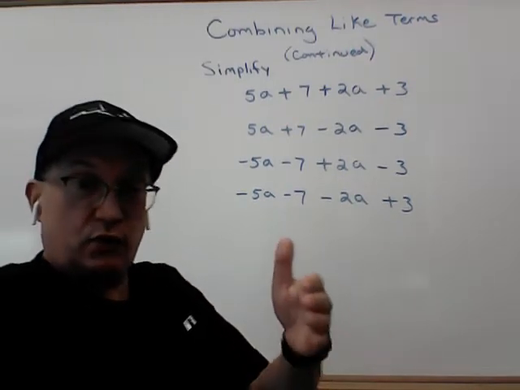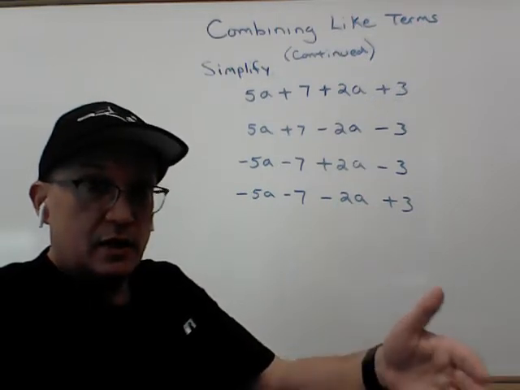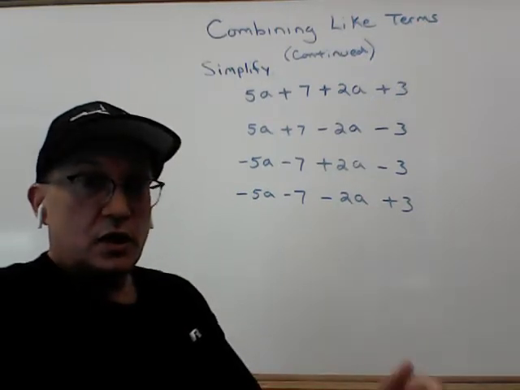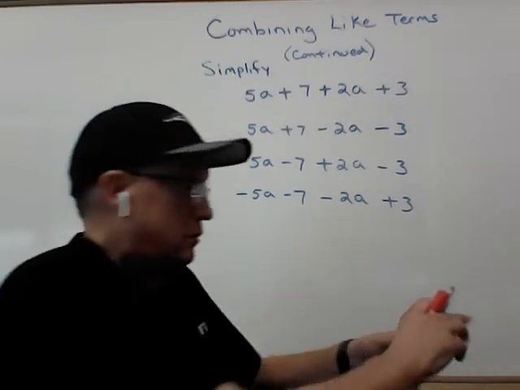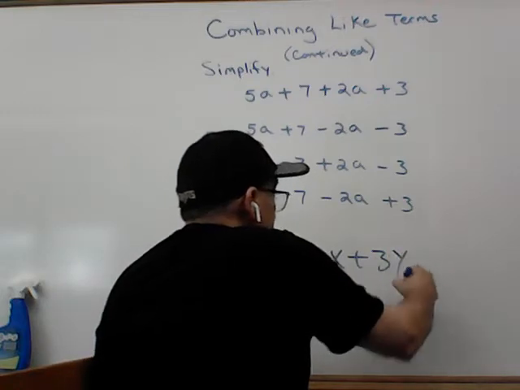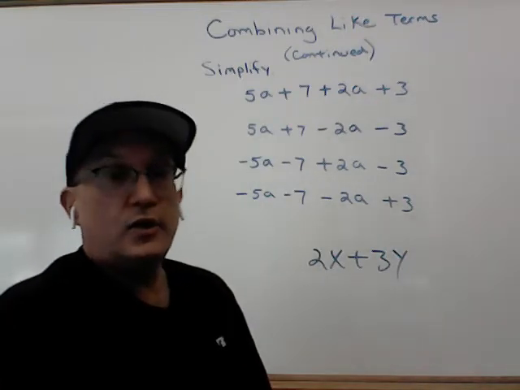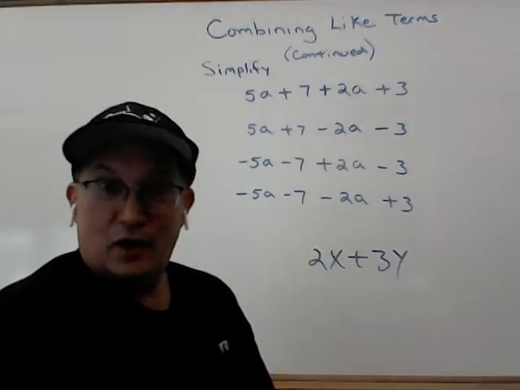But if we're trying to add 2x and 3y, as we saw in the previous video, there's no general thing like the word fruit that we could use. 2x plus 3y. You cannot say it's 5 letters or 5 of anything.